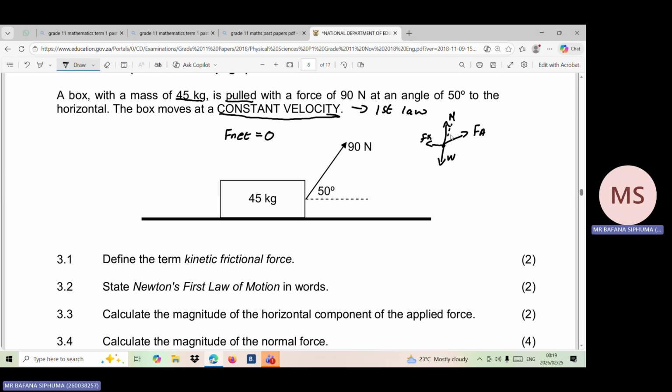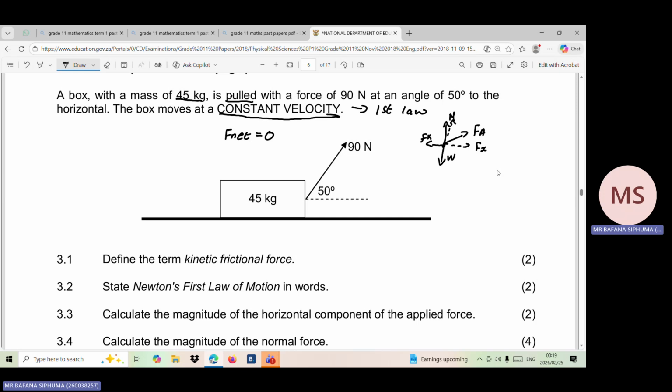We have the vertical component, and then the horizontal component, which is Fx, and they want Fx.